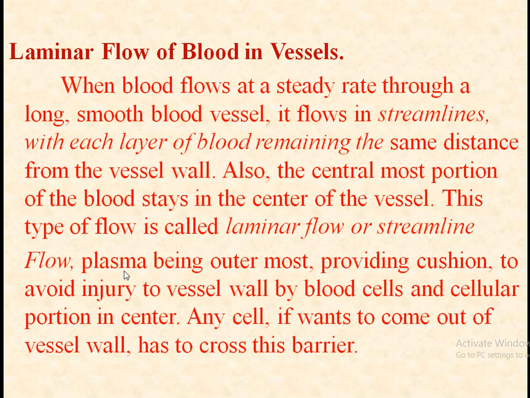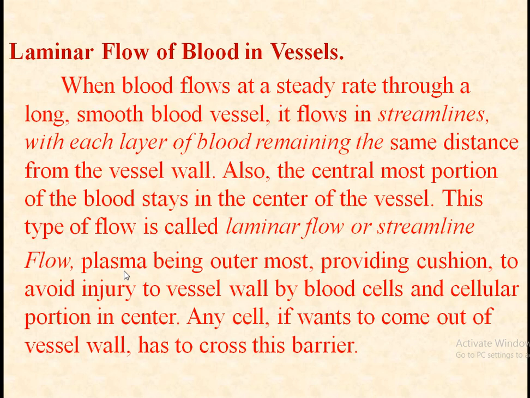So, what is its importance? To keep the blood flowing in layers. How are these layers formed? Actually, we have three layers: two plasma layers outside and one layer that consists of the cellular portion of the blood and remains in the center.